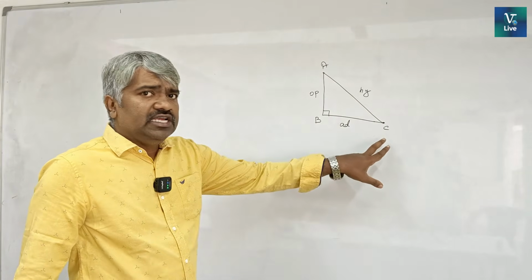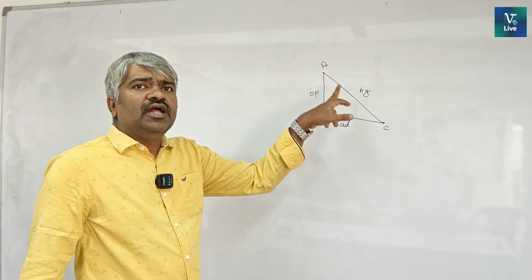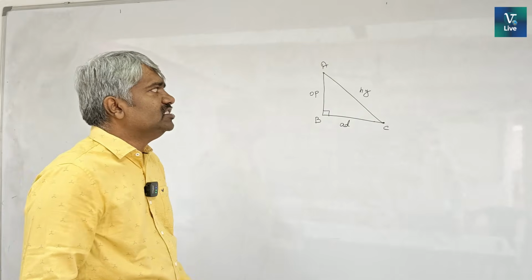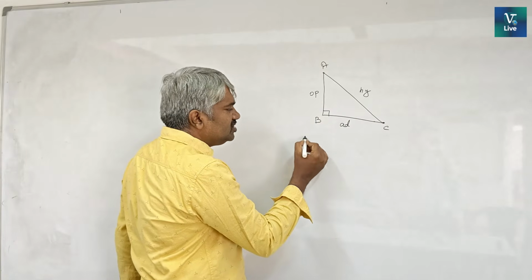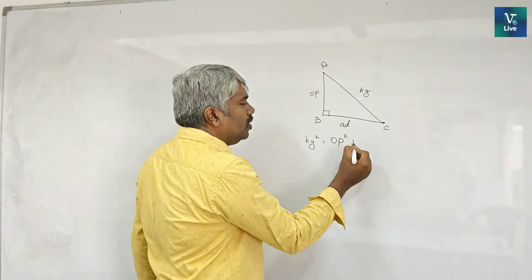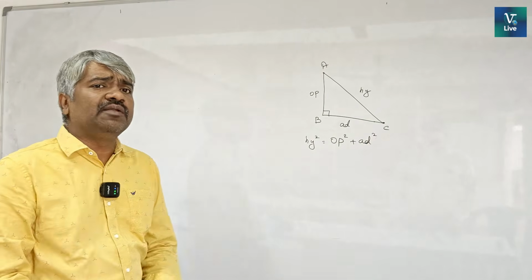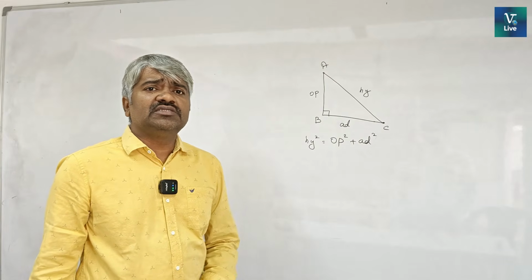The relation between these three sides is hypotenuse square equals opposite square plus adjacent square. We call it trigonometric triplets, which you have learned in class 9.